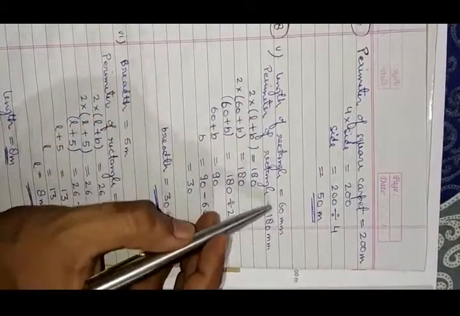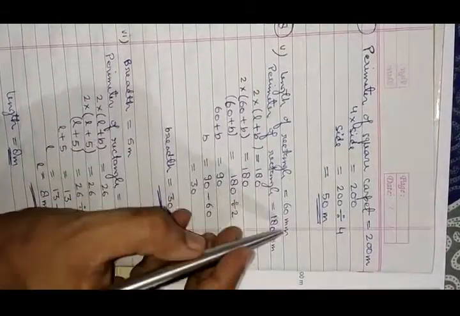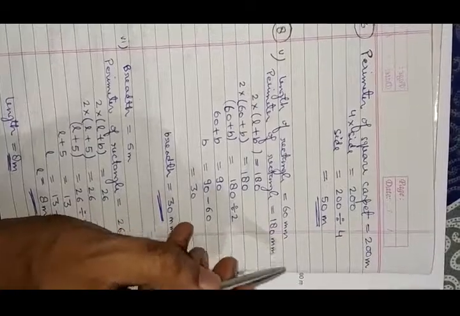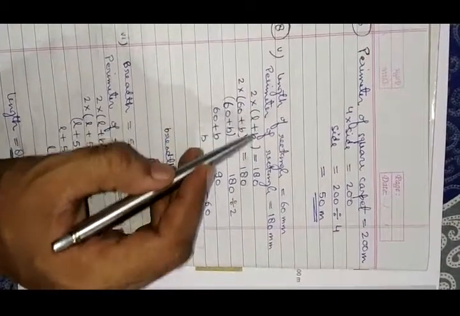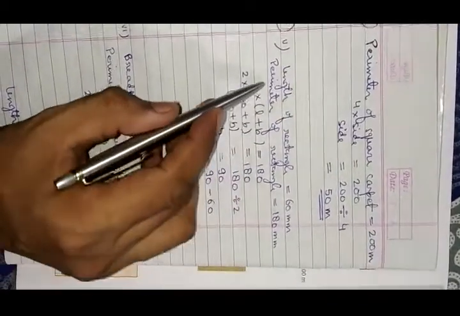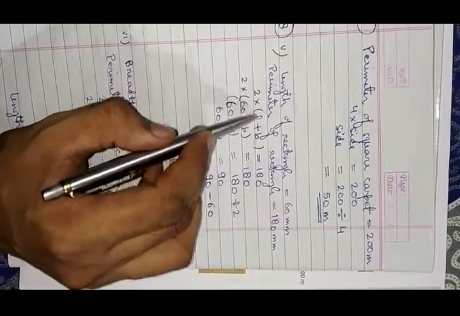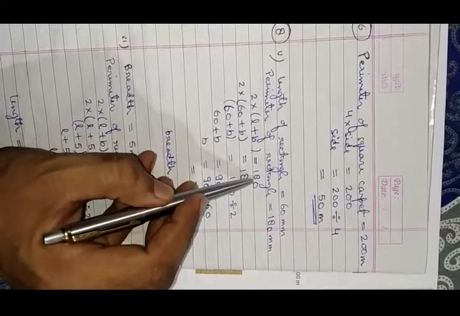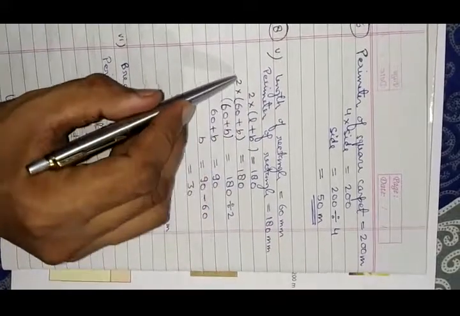Whenever we have to find the perimeter, we will write the formula on the right side of the equal sign, and when we have to find the length, breadth or side, we will write the formula on the left hand side. Okay, 2 into L plus B is equal to 180 millimeter.